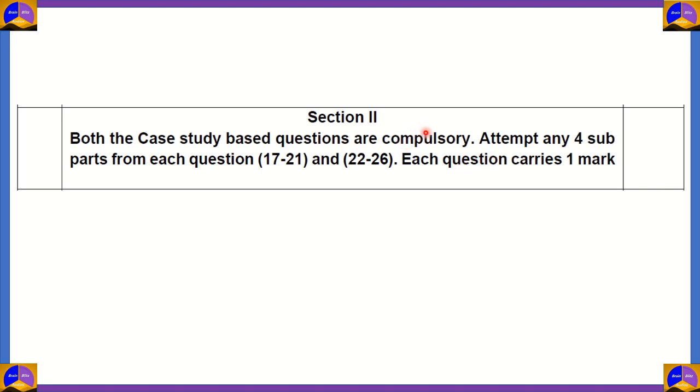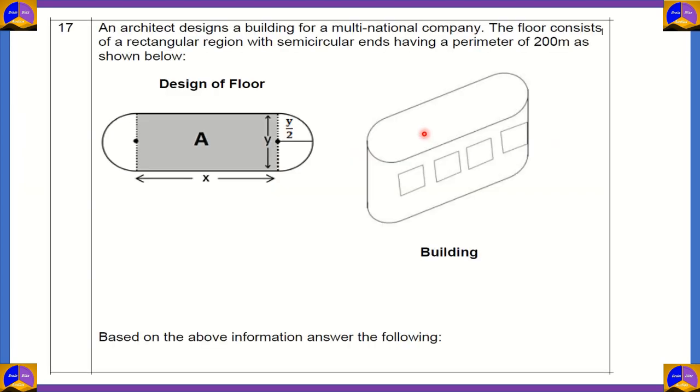We'll be looking at the first case study today in the sample paper, and this is question number 17. An architect designs a building for a multinational company. The floor consists of a rectangular region with semicircular ends having a perimeter of 200 meters as shown below.